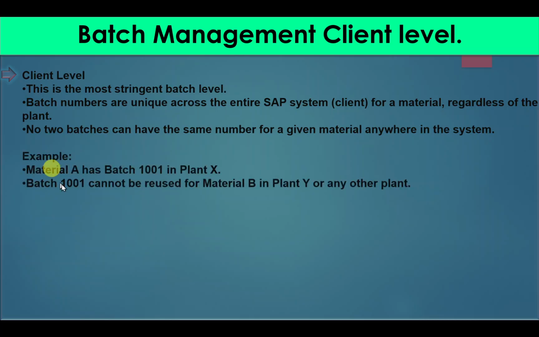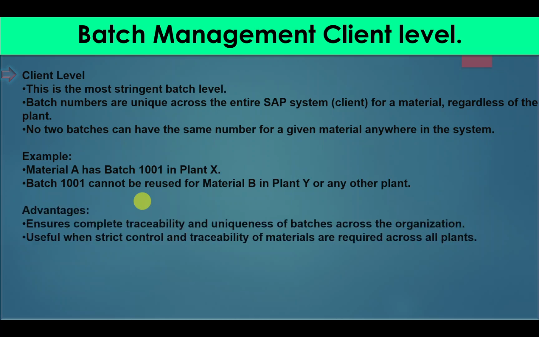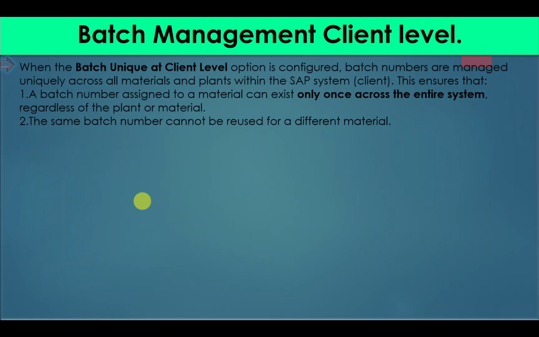So for example, if material A has batch 1001 in a certain plant, then no other material can use that batch anywhere in any other plant. So it has more uniqueness and traceability, and it is useful where control and traceability of material are required across all the plants.